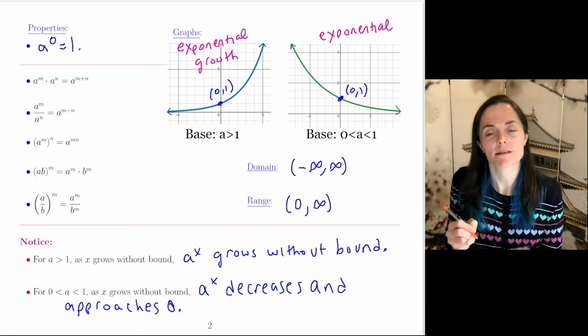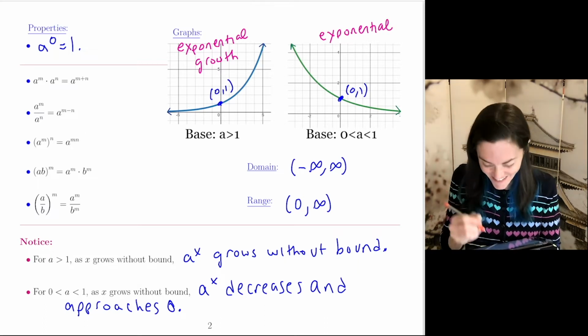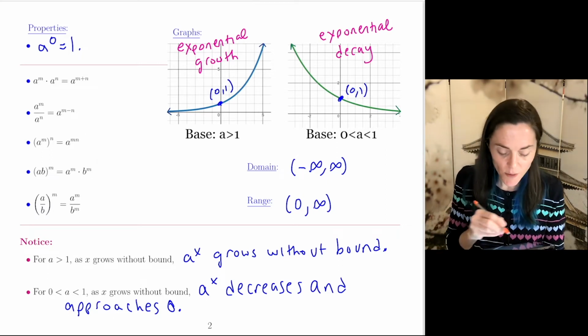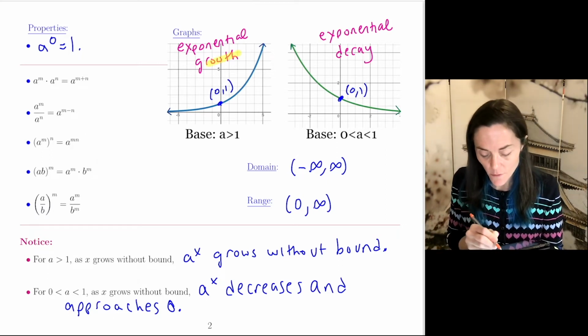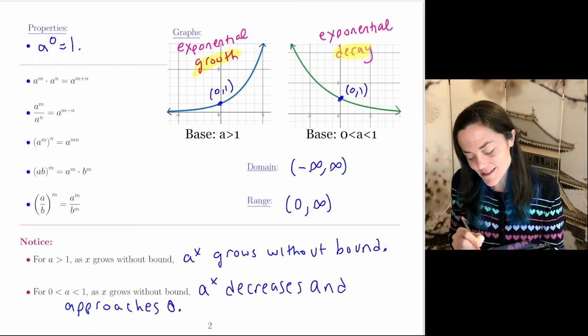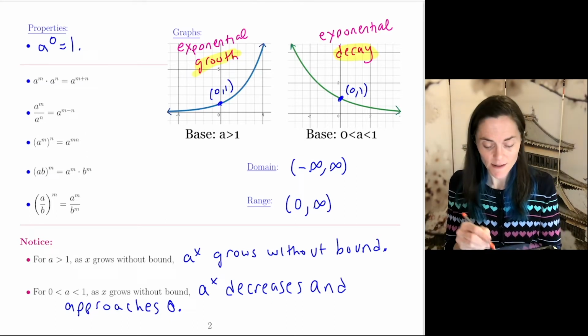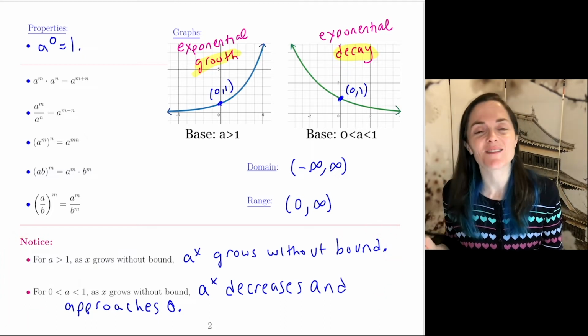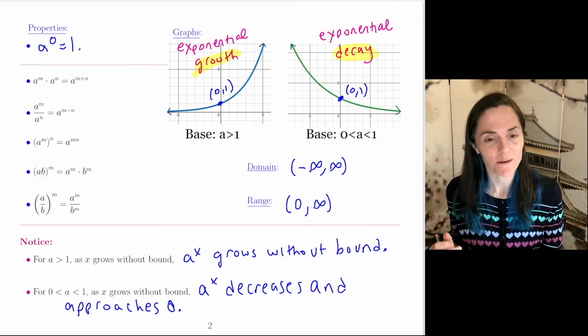When you have a base between 0 and 1 for an exponential function. So this is terminology that you could have seen before, but it's also important to understand once you get to calculus, say this behavior of functions as x grows without bound.